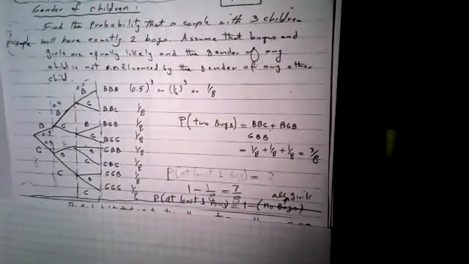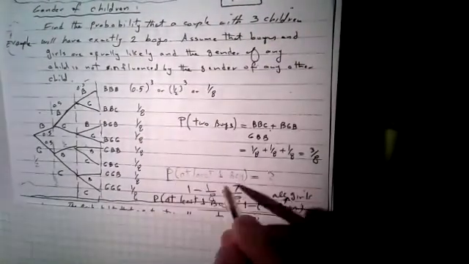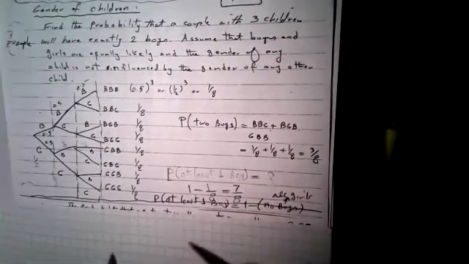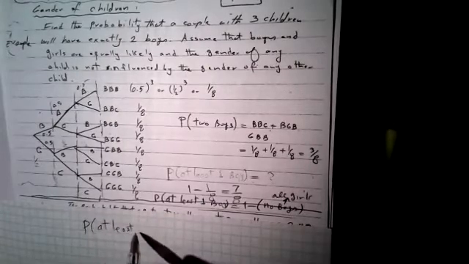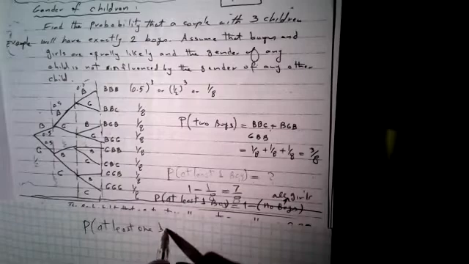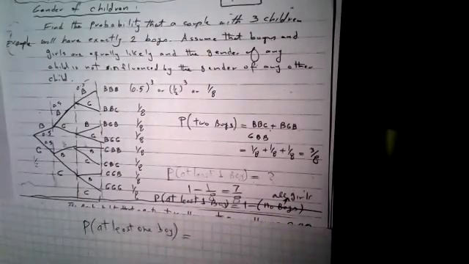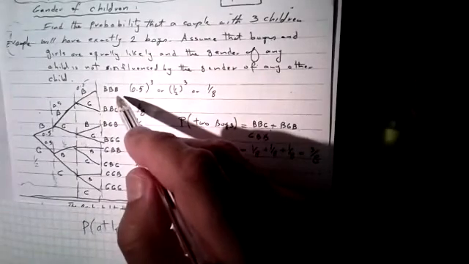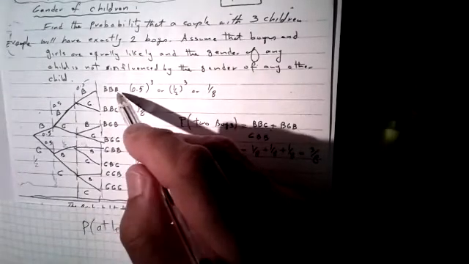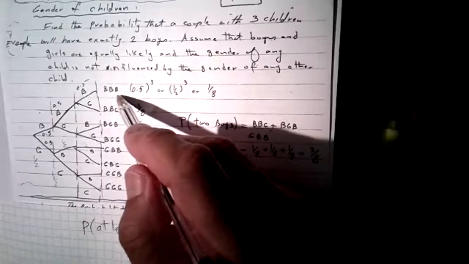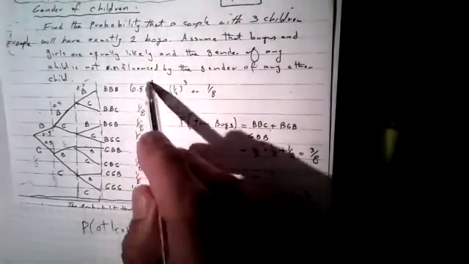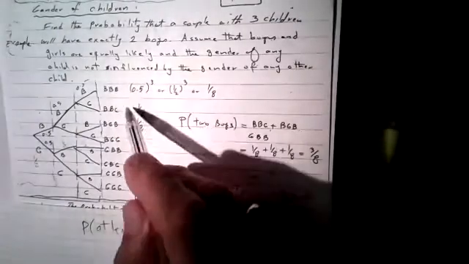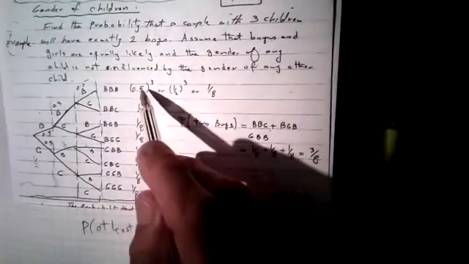Or the question is, what is the probability of at least 1 boy? You see, at least means 1 boy, 2 boys, or 3 boys. The only one that doesn't have a boy in it is right here, right? So you could add all of these, which is 7/8. 7 of them have a boy in it.